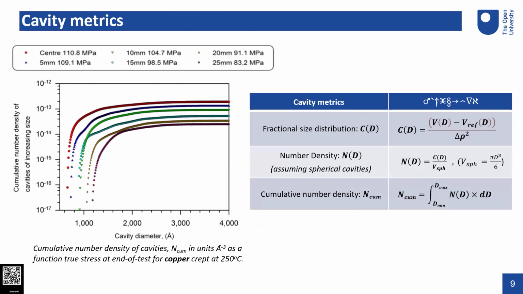Now there are other metrics you can measure from the SANS data. The table shows that, as I said earlier, you can measure the fraction size distribution of cavities, CD, which we have seen in the previous slide. You can measure the number density of cavities if you make some assumption about the shape of the cavities.